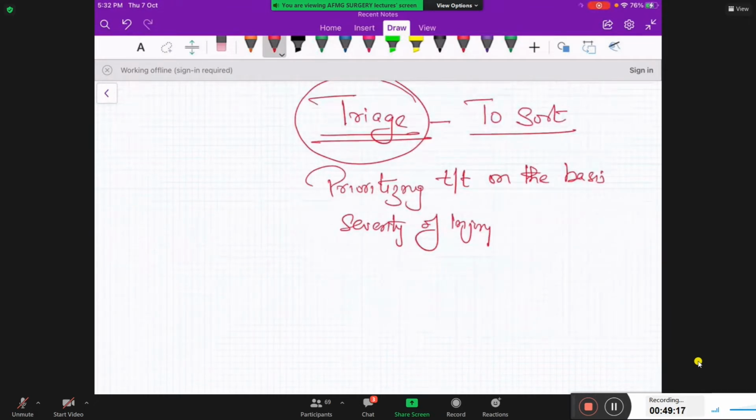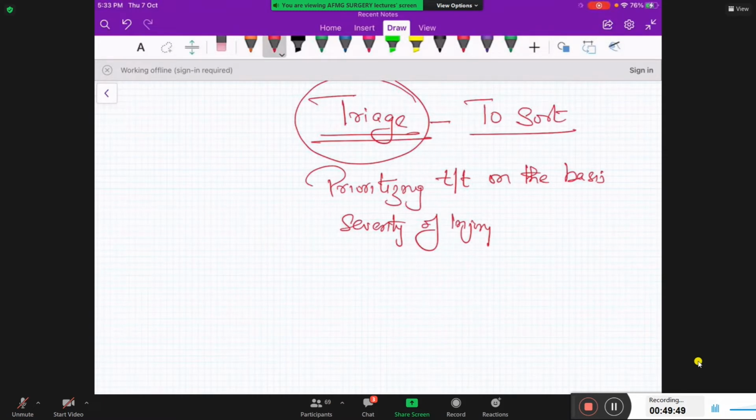Now, this is a very important understanding, and many students have issues on that. Can you tell me what is polytrauma? Multiple trauma. Polytrauma is when in one patient there are multiple injuries. Please understand what is polytrauma first.